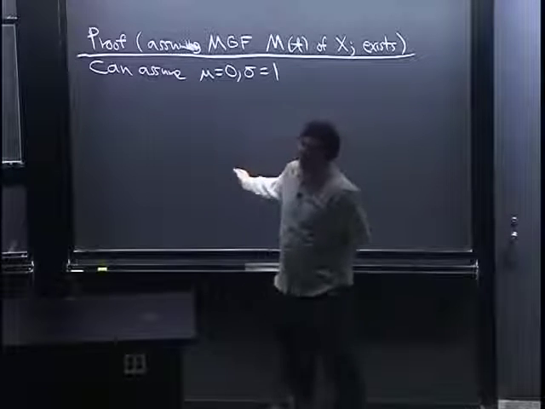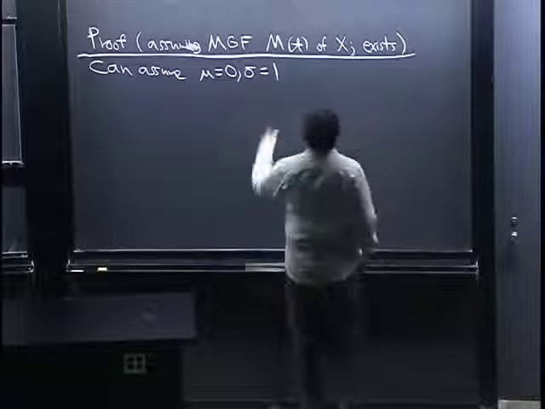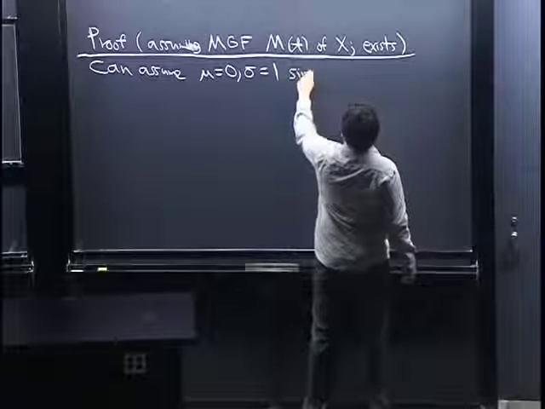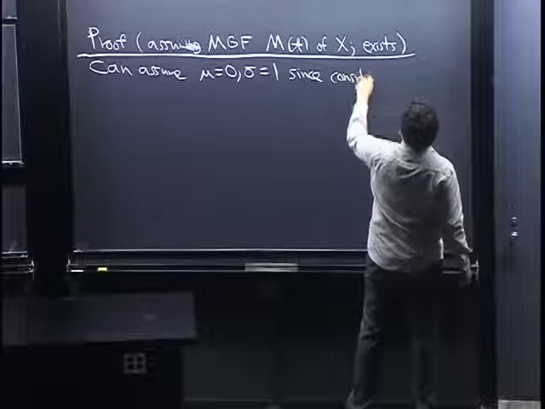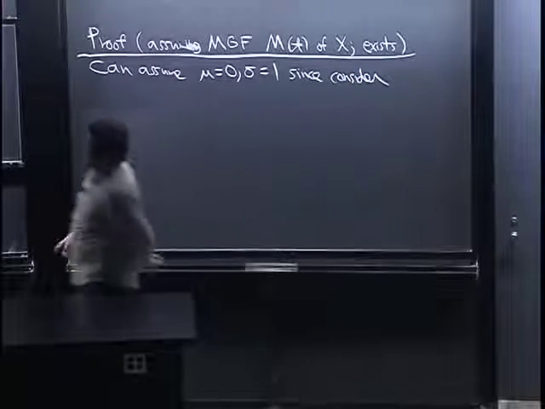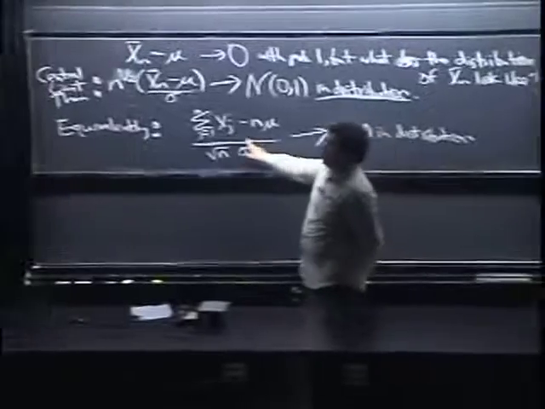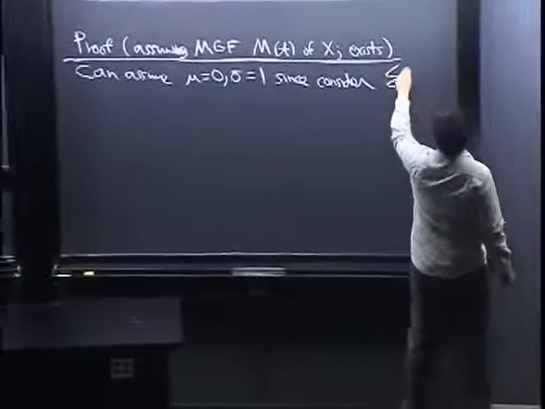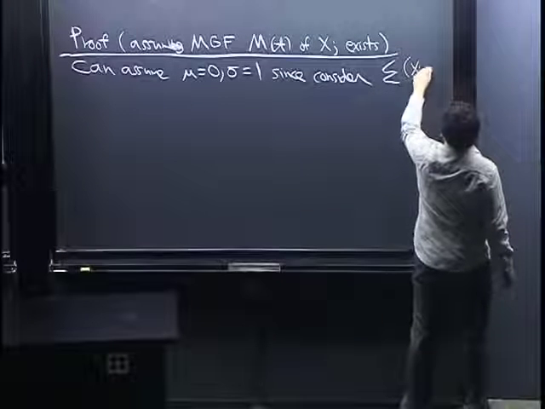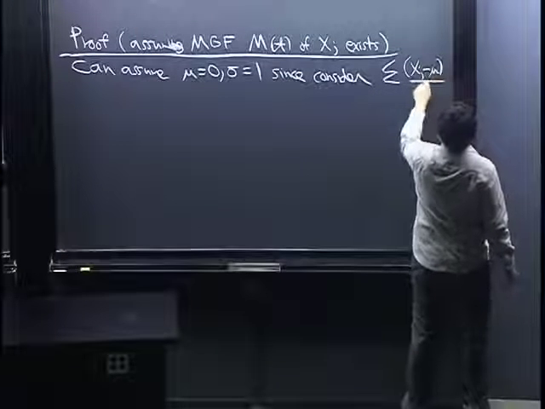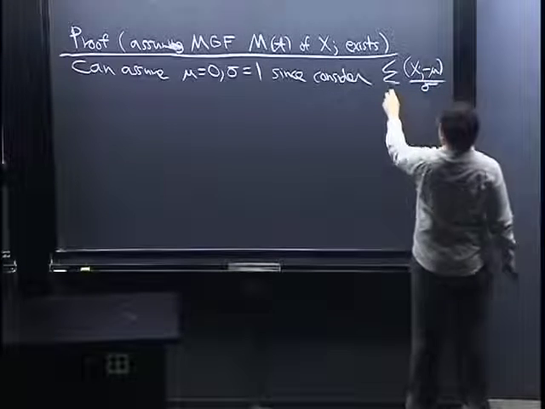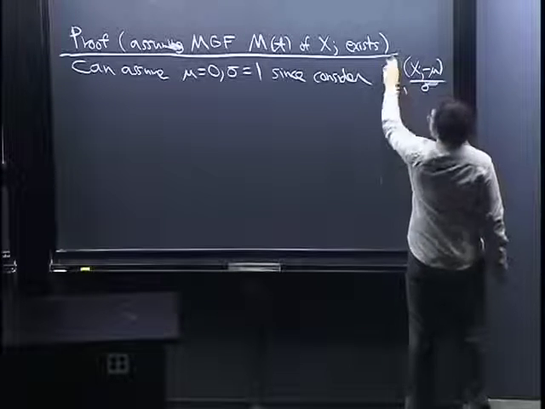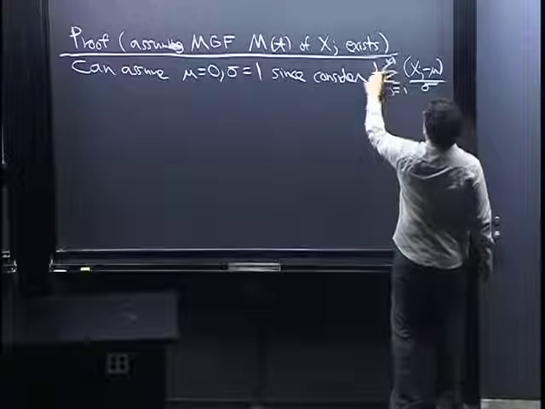This is without loss of generality, because all we have to do is consider that I wrote the standardized thing this way, but I could have written it as standardizing each x separately. I could have written xj minus mu over sigma. So this would be standardizing each of them separately, j equals 1 to n, and then we had a 1 over root n.